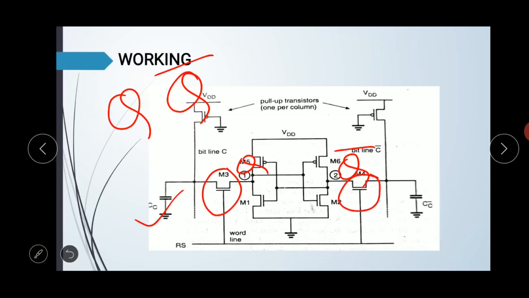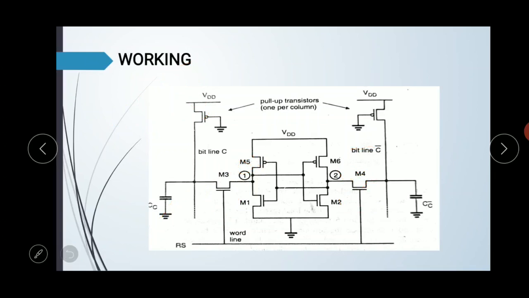Then this one is the word line. Whenever the word line is 1, that means we can do read or write as required. When it is 0, then it holds the previous data.